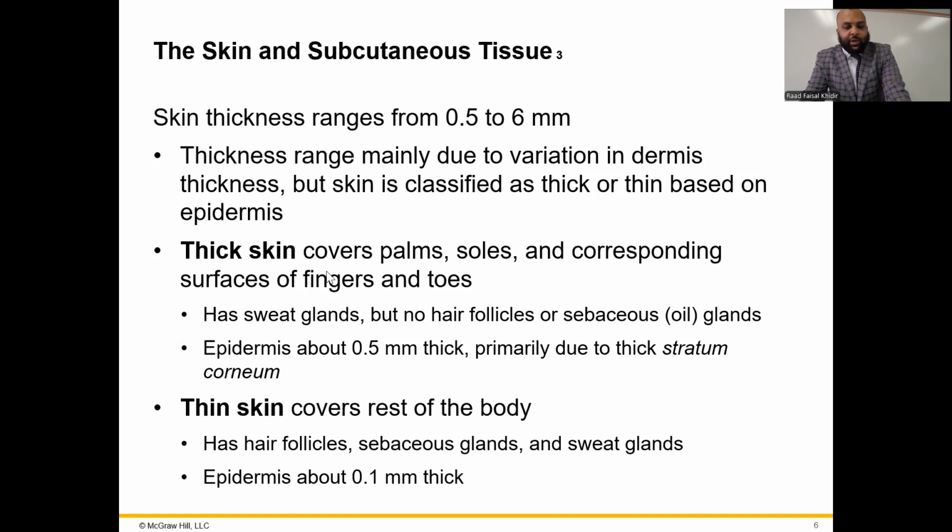And it has sweat glands, but no hair follicles or sebaceous oil glands. There is also the thin skin, and that covers the rest of the body. So it has hair follicles and sebaceous glands and sweat glands.